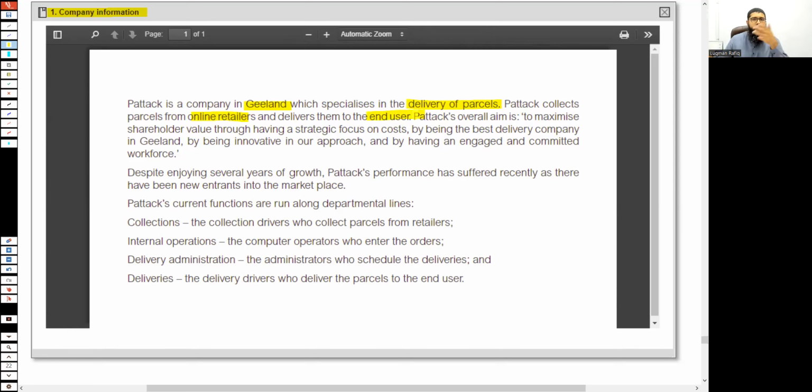So pick and drop. Patek's overall aim, now this is where the mission is, to maximize shareholder value through a strategic focus on cost, being the best delivery company in Geeland, by being innovative in our approach, and by having an engaged and committed workforce.